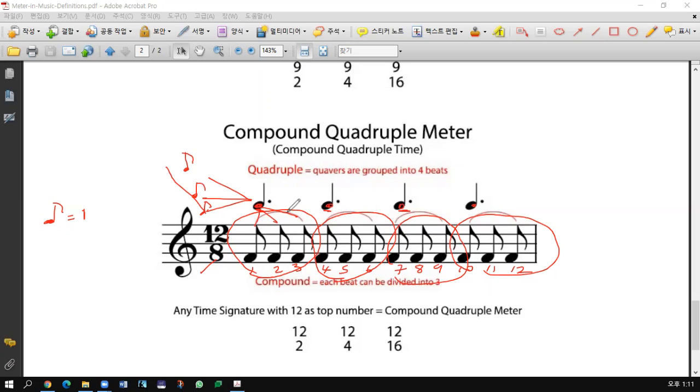Also, you can count 1, 2, 3, 4, like a grouping into 4 bits. Like that, okay? So any time signature with 12 as the top number is compound quadruple meter. So here, let me show you.